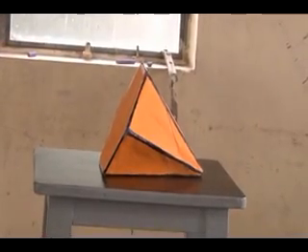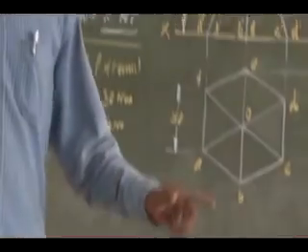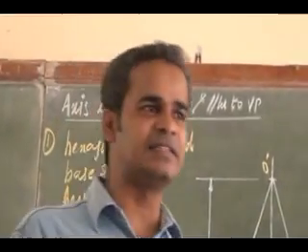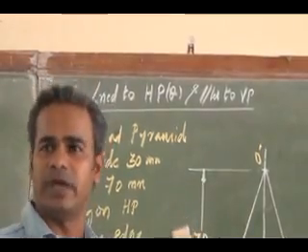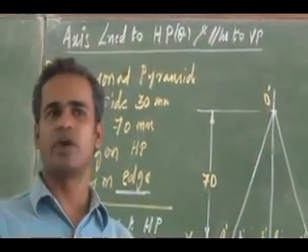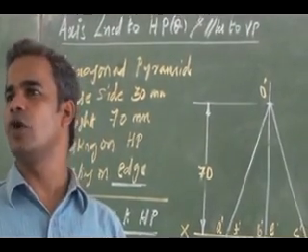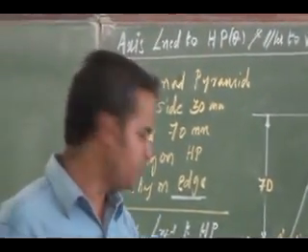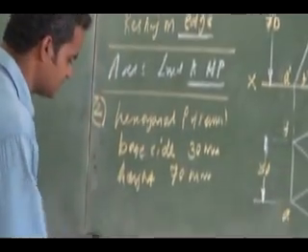So, what is the problem? It is lying on the ground with one of its triangular slant faces in such a way that the axis is parallel to VP. Draw the front view and top view of the pyramid.